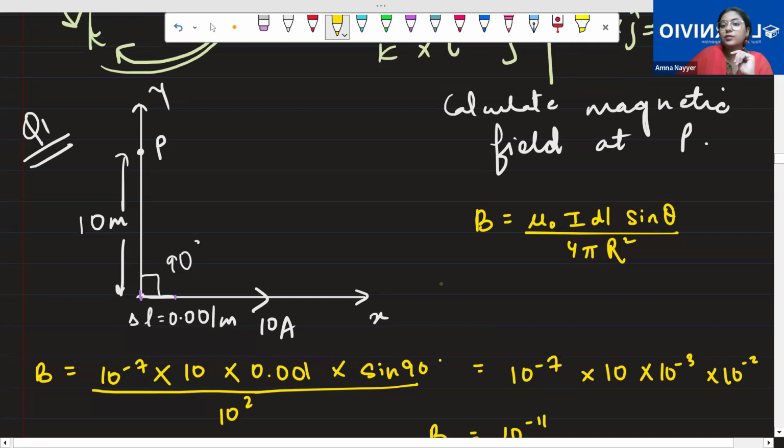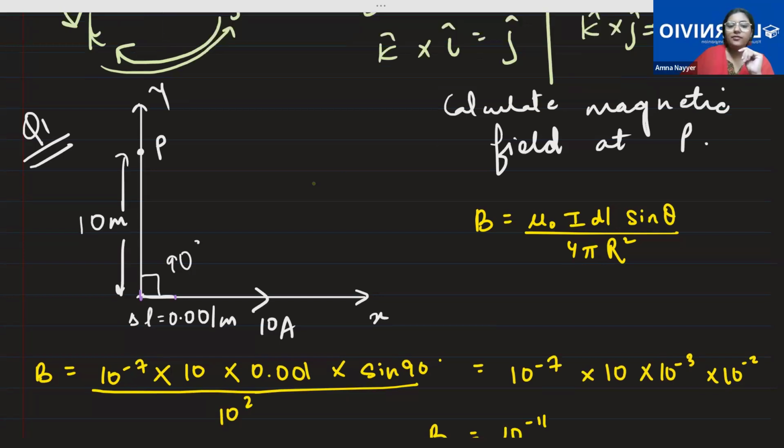But see, in the last class, we saw the directional part also, how to calculate the direction. If the current is moving along the x-axis, we'll take our right hand towards the x-axis. Where is the point present? Point P is present upwards, above. So I'll curl the finger upwards. The thumb is pointing outwards, that is towards me, right?